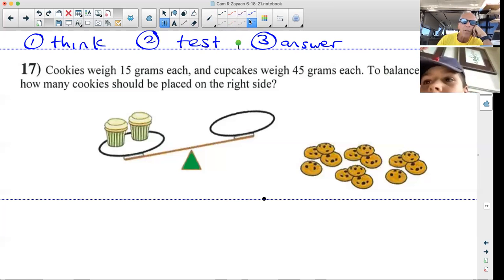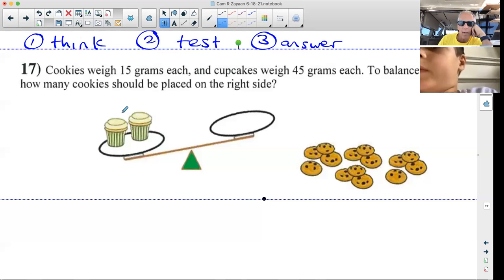So what happens when you write things down? What did you write above the cupcakes? I wrote 40.